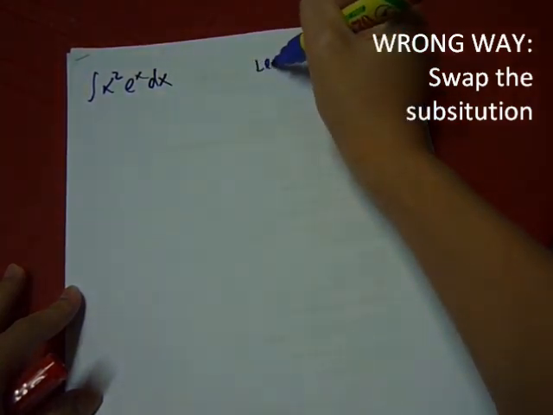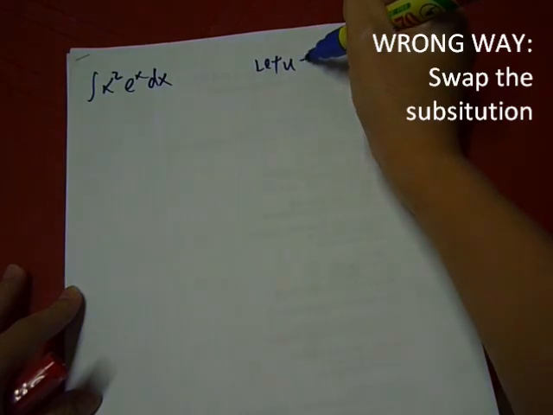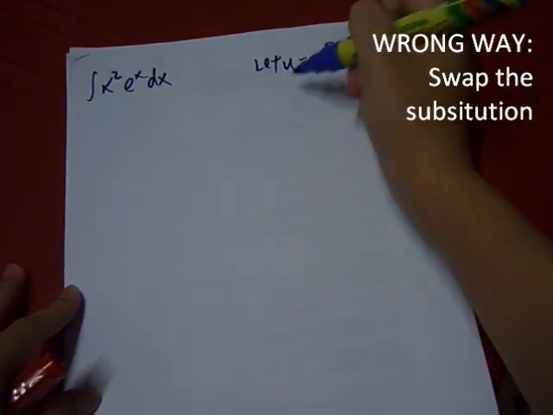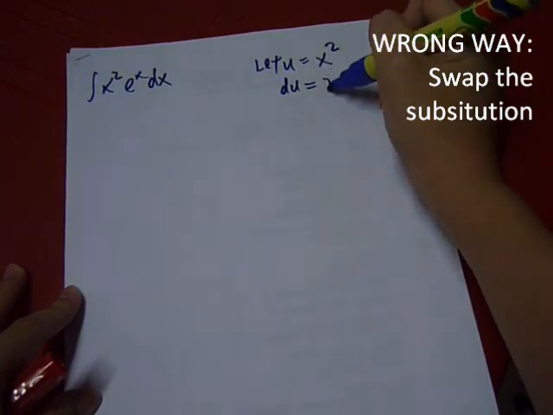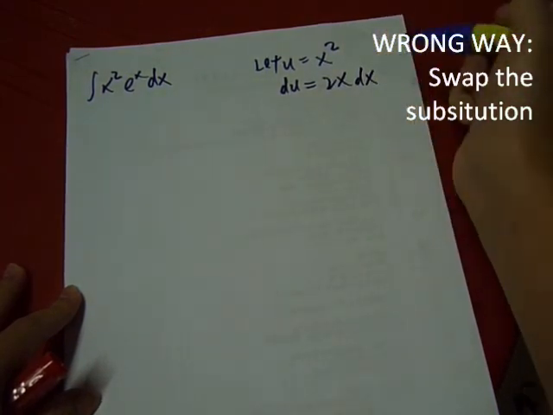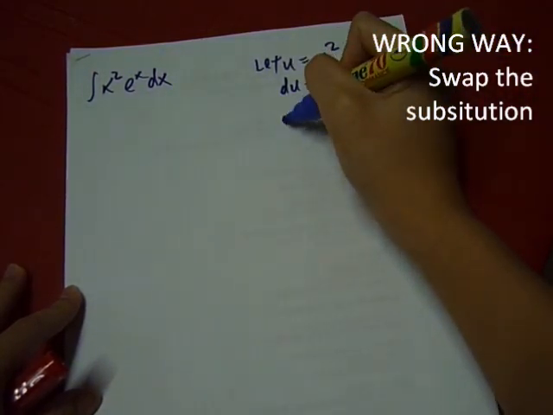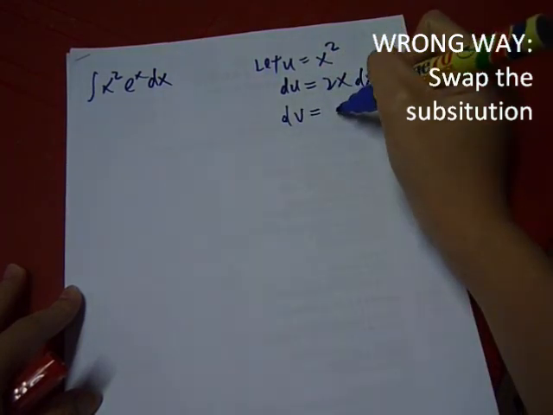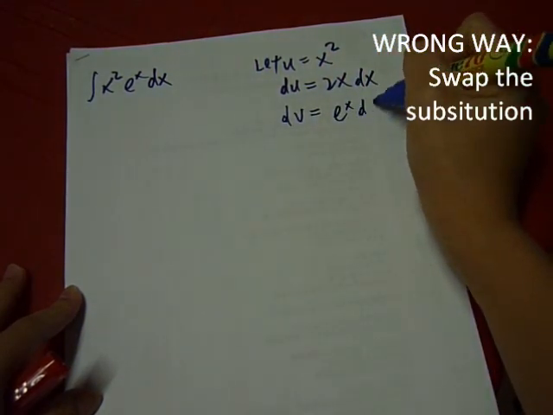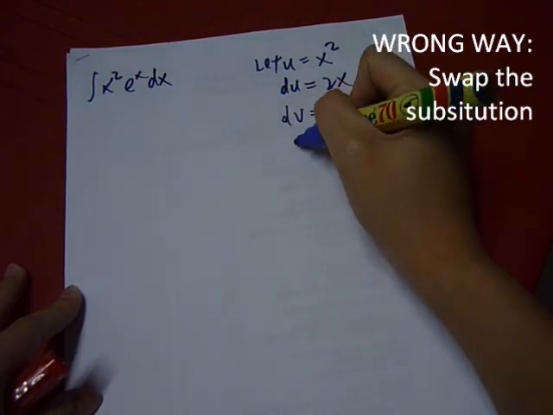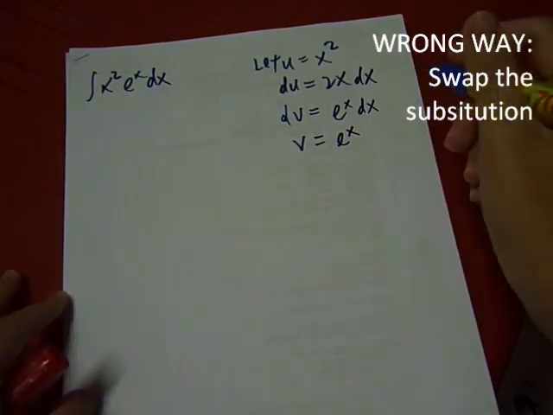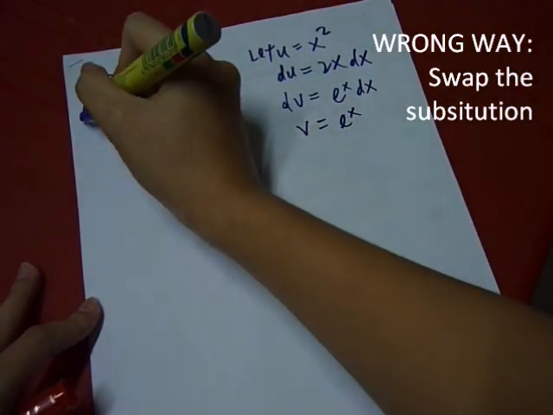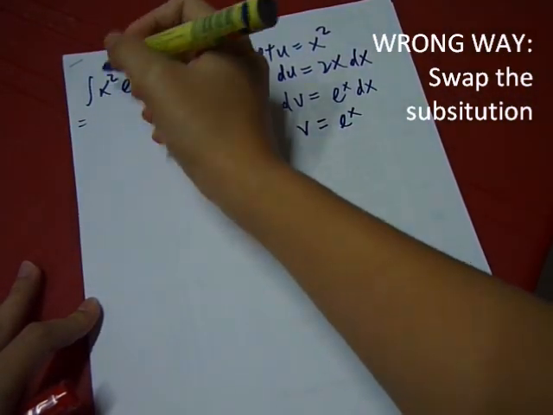Let u equal x squared and differentiating u, we will get 2x dx. And let dv equal e^x dx, and we will get v equals e^x. Then we apply the formula.